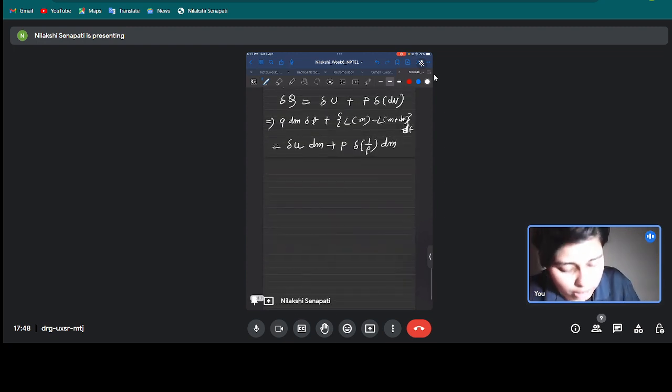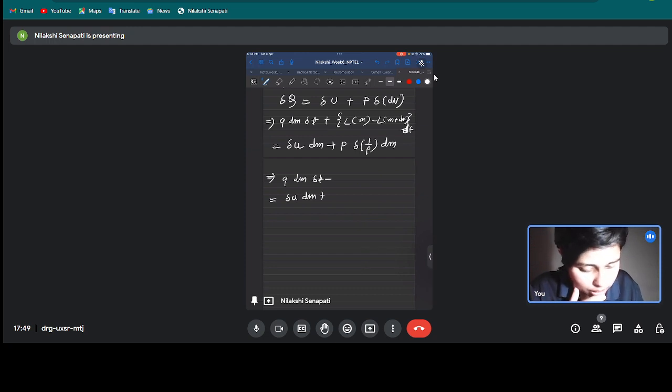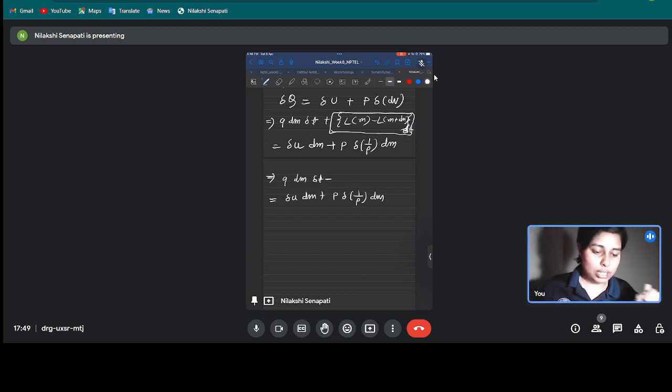After substituting all those things, and taking some quantities to the left side and right side, what we will get is q dm delta t minus delta u dm equal to delta u dm plus p delta of 1 by rho dm, and we have here lm minus lm plus dm delta t.